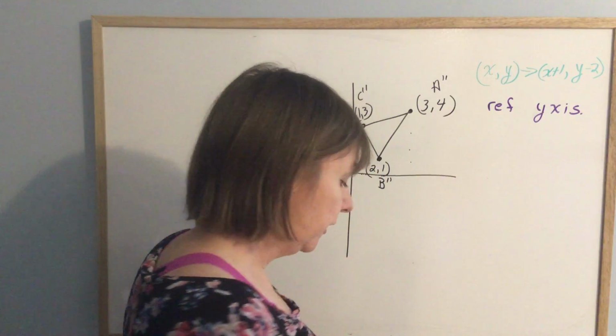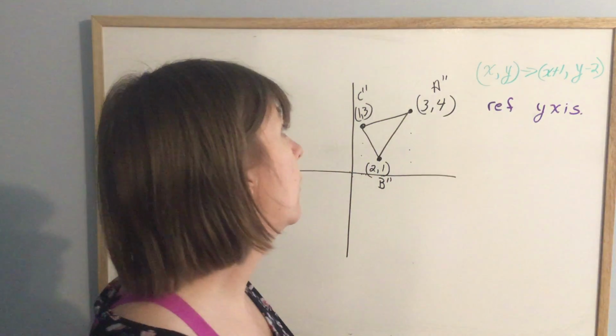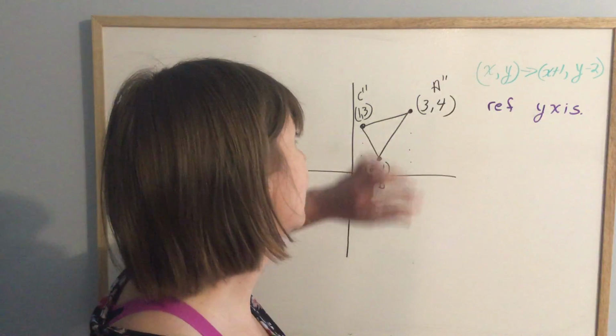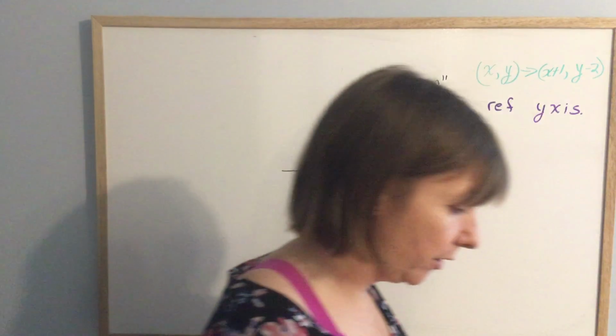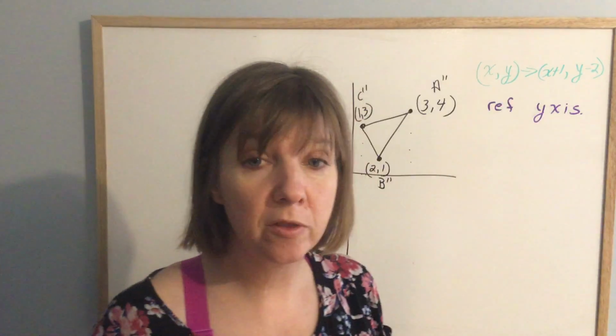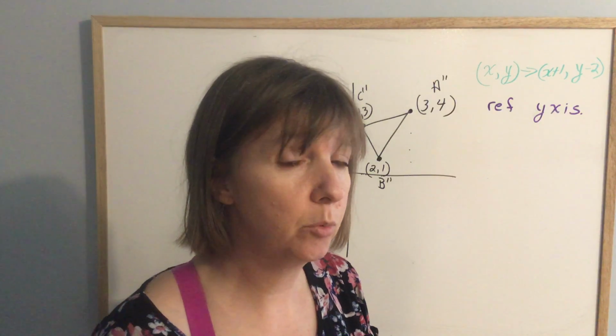So they took whatever the original triangle was, they did this to it, and then they reflected it in the y-axis, and this is what they ended up with. So what they want you to do is they want you to say, what was the original triangle then? What was the original triangle?